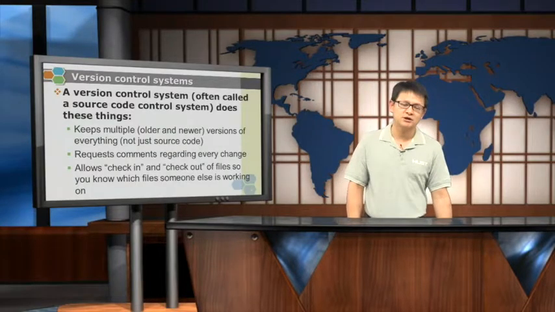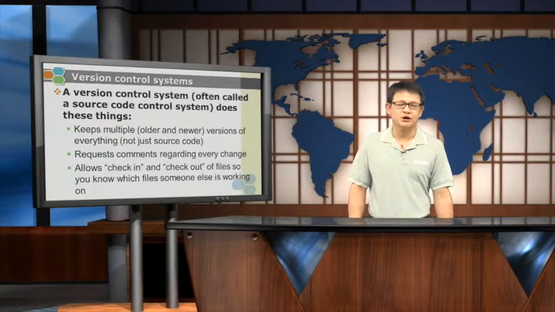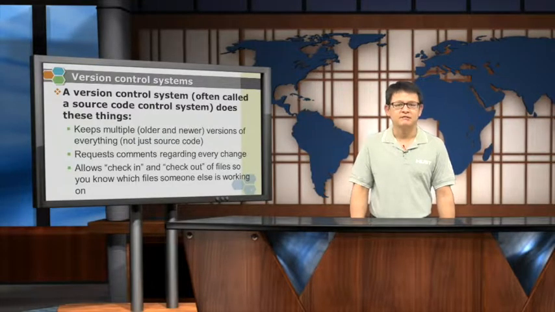It's very important and especially necessary nowadays for a working team with more than one developer. So what is a version control system? A version control system, we can also call it a source code control system, does these things.